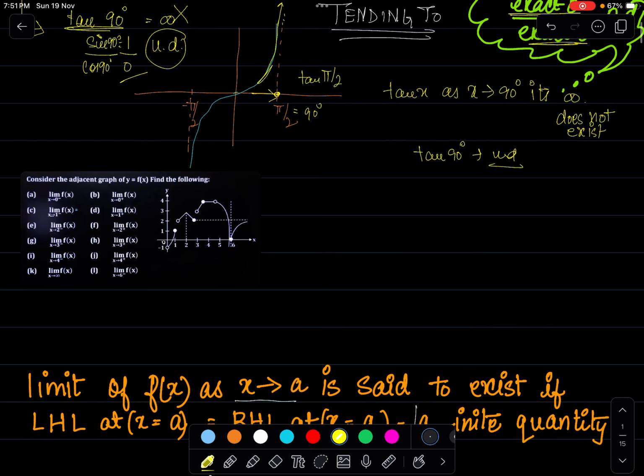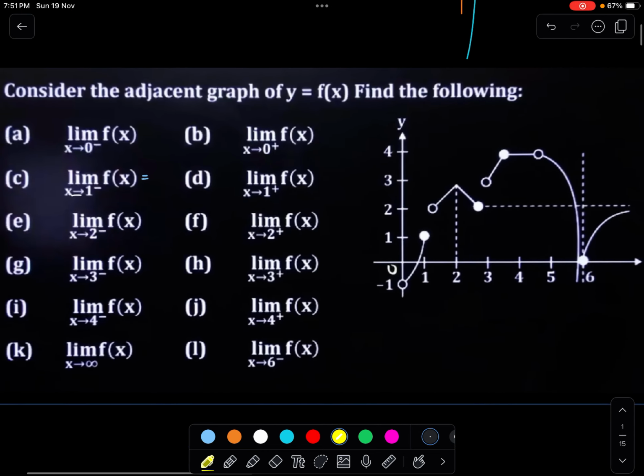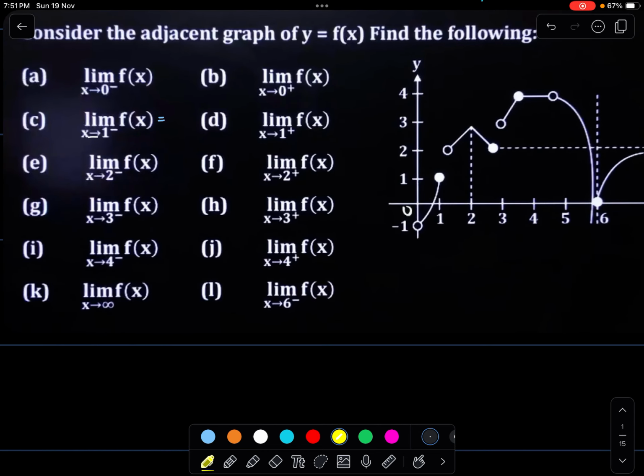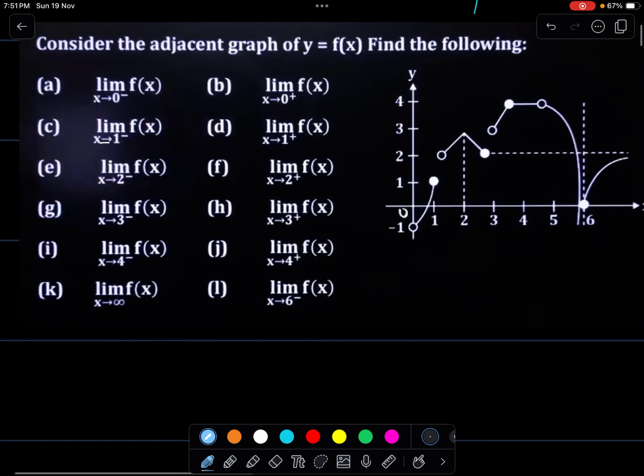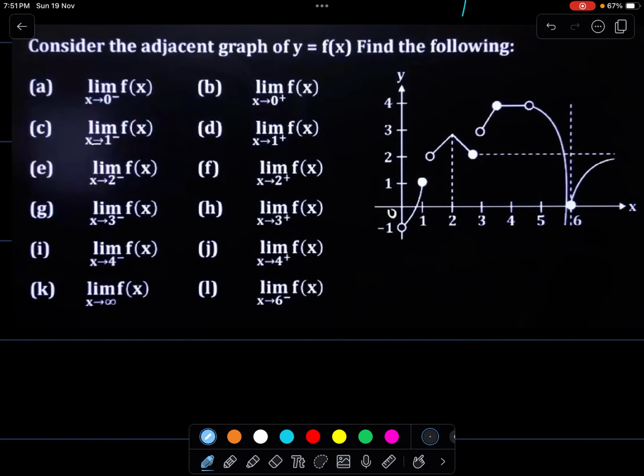Okay, now let's have a better understanding using this graph. This will give you a better picture about the graph. So I'm going to solve a few of them, and the rest I would ask you to try by yourself, and then again I will be writing the answer.